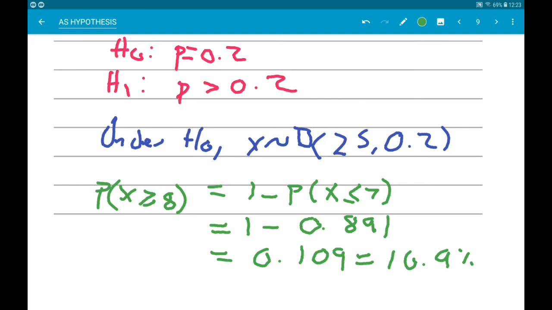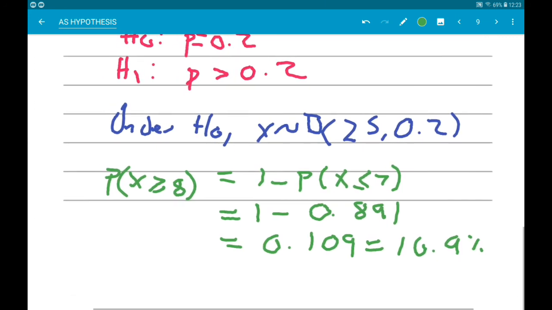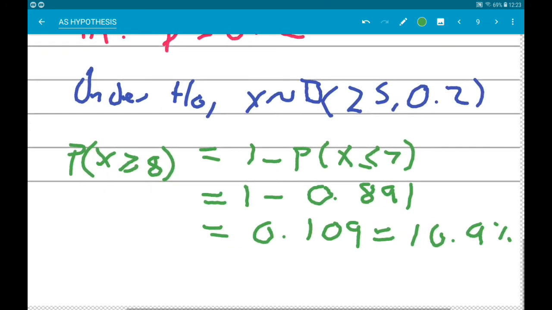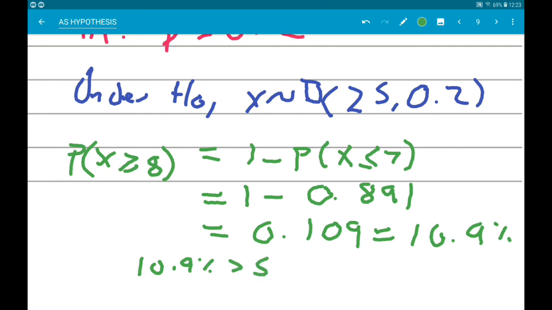Now, 10.9% is greater than 5%. So, this tells us to reject H1.